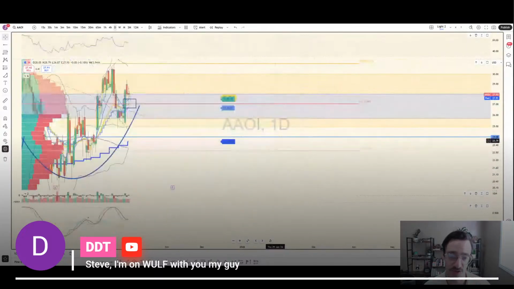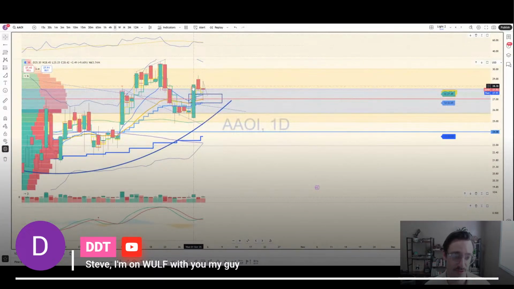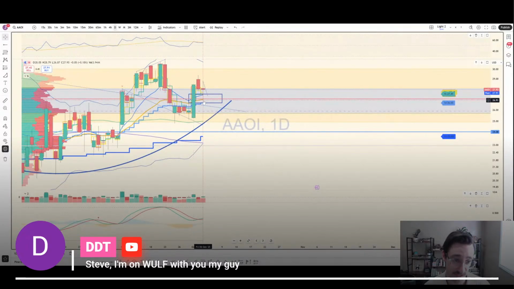And it aligned with a back test of this impulse move, this gap up, or this big strong move up. So it wicks back into the fair value gap that I've marked here. Tests this, it tests the 50, and it also tests that 21 EMA. So that's why I got in right there on a monthly 30 strike call, because I think it's going to go back up here to this high volume node.